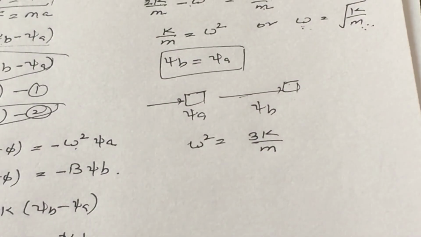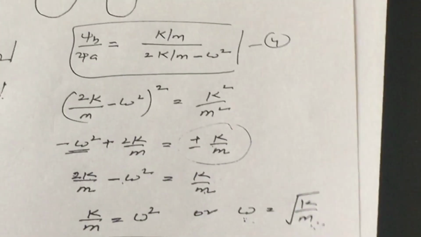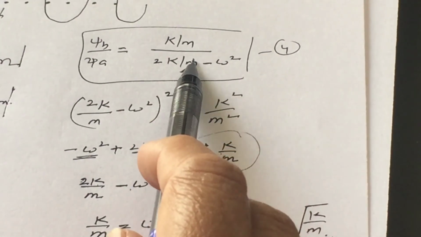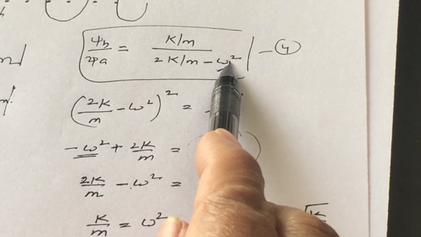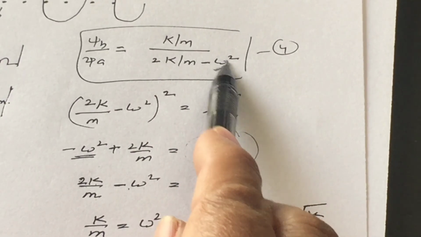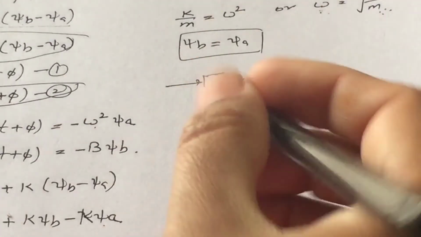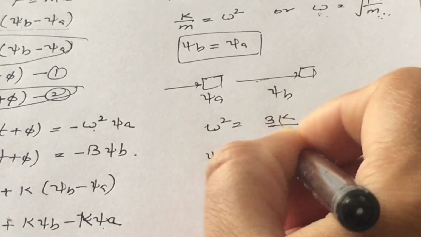If we substitute this value, omega square is equal to 3k by m, in our equation number 4 or equation number 3, now put this value, 2k by m minus 3k by m, you will get minus k by m, and on calculating we will have psi b is equal to minus psi a.